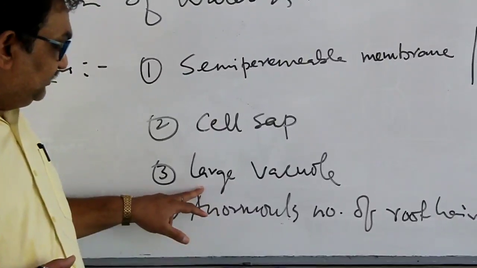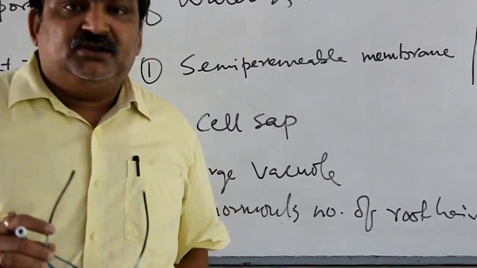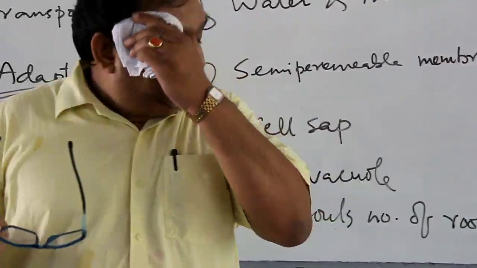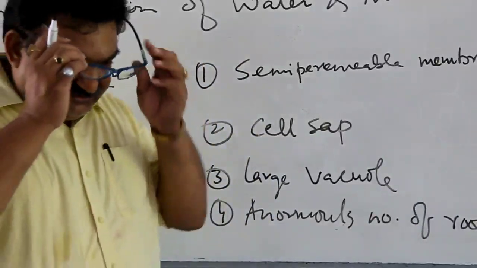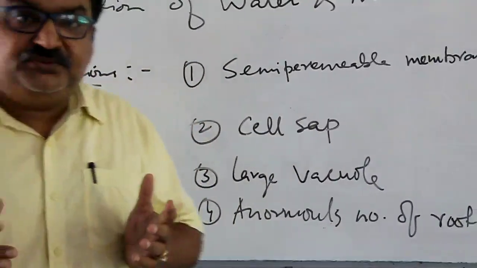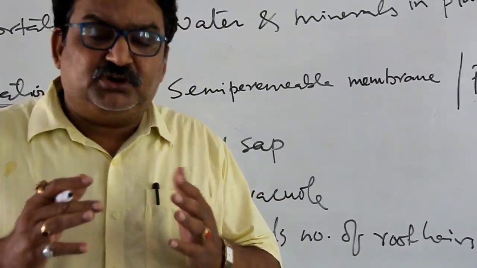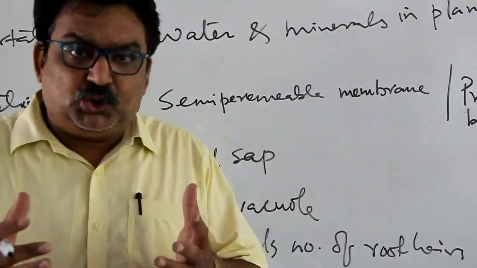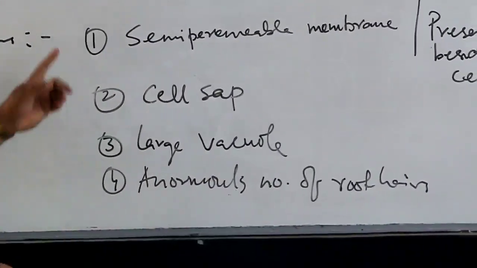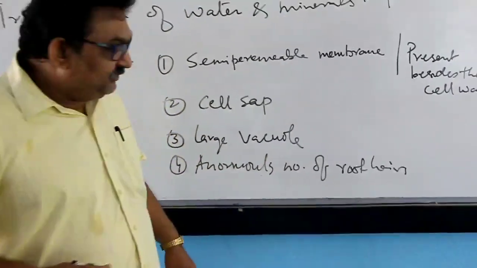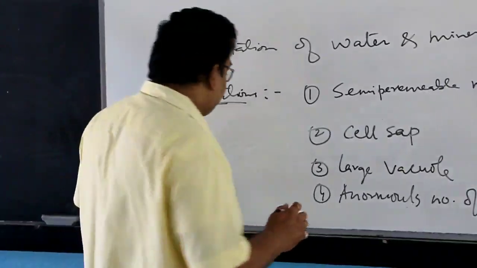And the third that you have is the large vacuole. Large vacuole means it can accommodate or store more cell sap in it. And the more the number of root hairs, the more is the surface area, and therefore more is the absorption of water and minerals. And finally, one more adaptation, all because of this you have the root pressure, which is also called the initial pushing force.